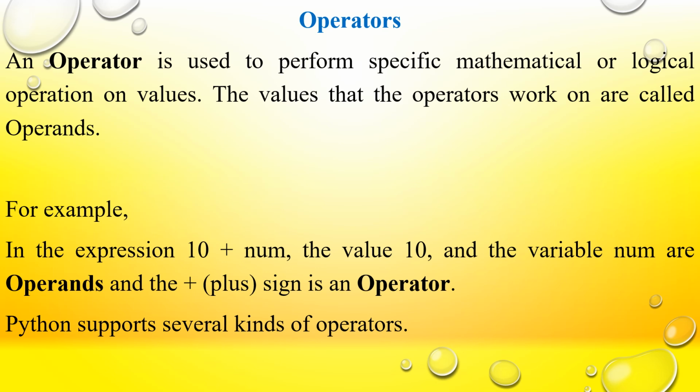The operator is used to perform a specific mathematical or logical operation on the values. So 10 plus num says that it has to perform an addition of 10 along with the value which has been stored in a variable num. Python supports different kinds of operators.